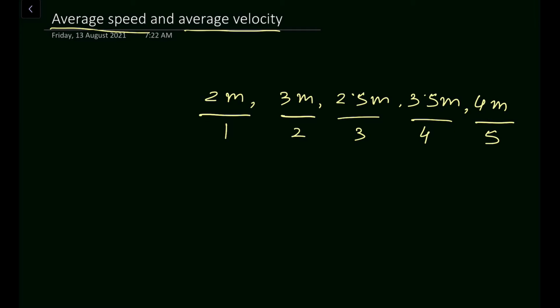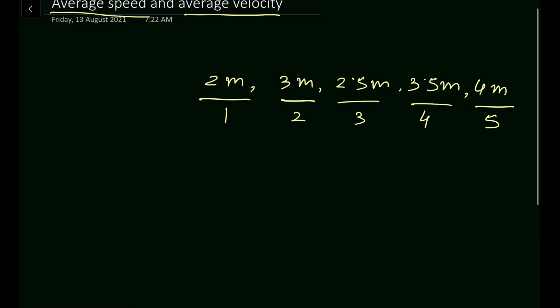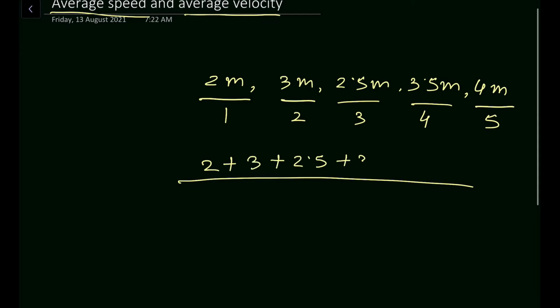So to find the average of these measurements, we will add the measurement values, that is 2 plus 3 plus 2.5 plus 3.5 plus 4. This is the sum of the measurements.